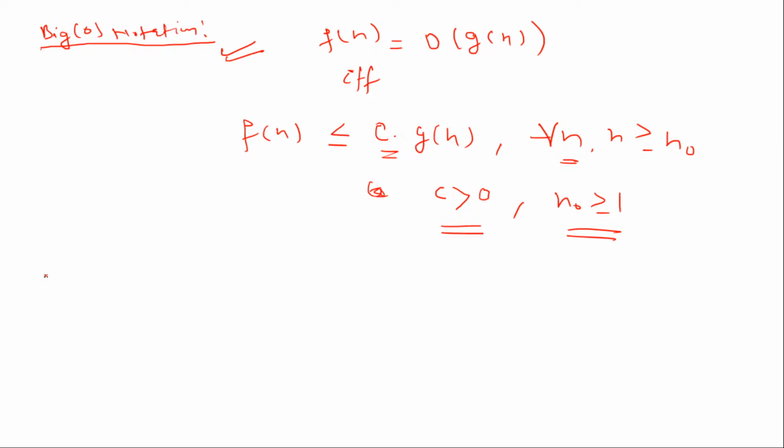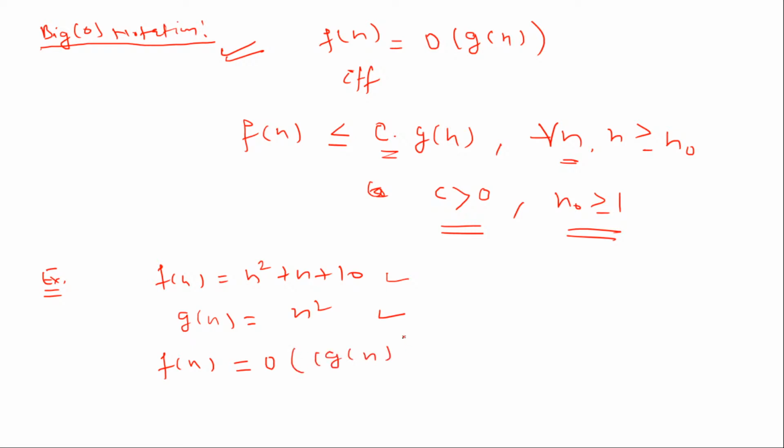Now take one example. f(n) is n square plus n plus 10, and g(n) is n square. So this is f(n) and this is g(n). The condition should be satisfied, f(n) is big O of g(n).